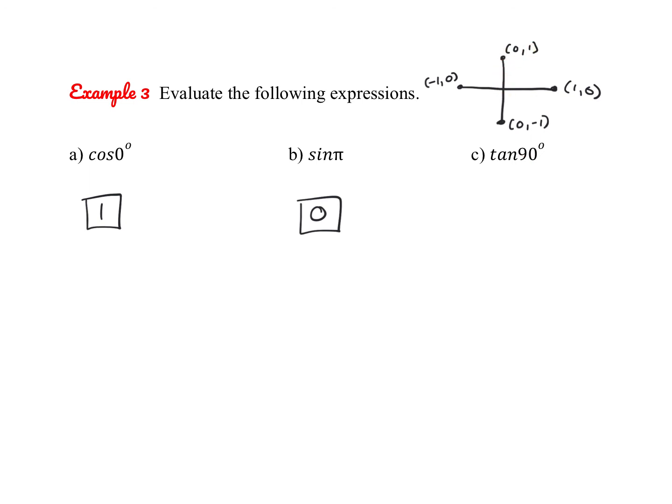And for tangent, remember we do the y value over our x value. So you'll notice here that if you do your y value over your x value, you get an undefined value. If you remember from the original chart we created, the tangent of 90 degrees is undefined. Again, we have an asymptote there. You'll see a little bit more of that when we start graphing these functions.